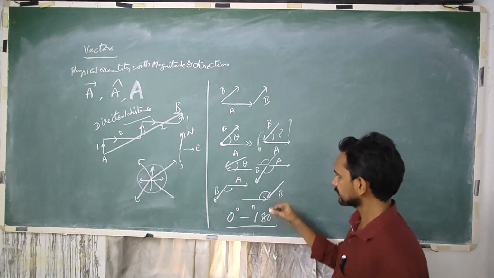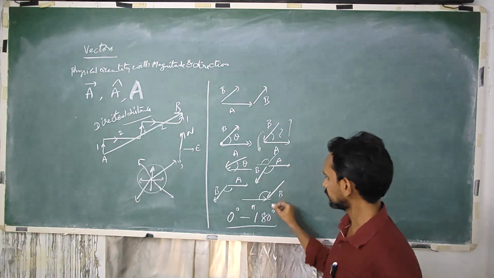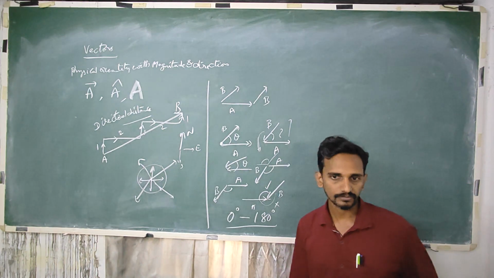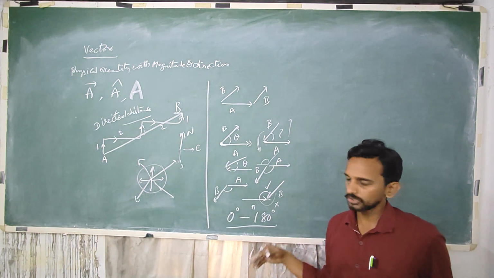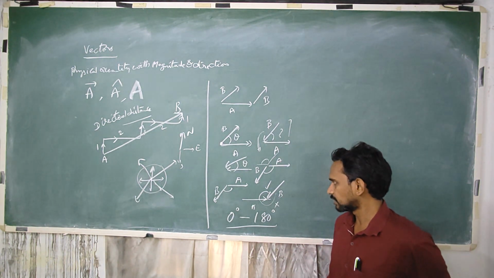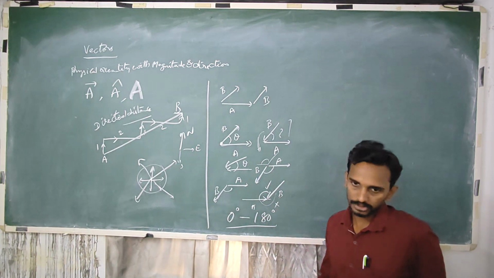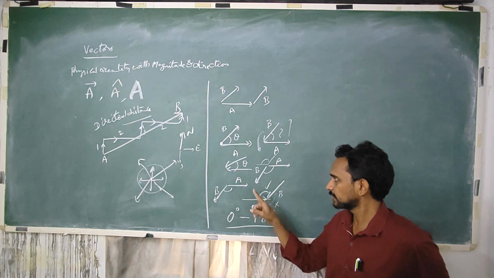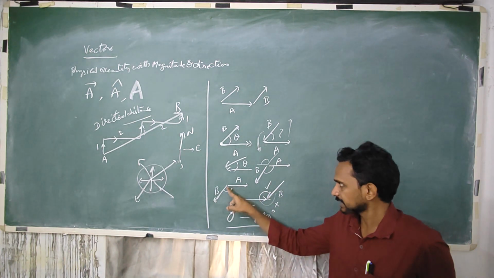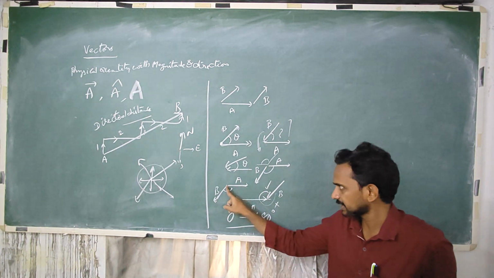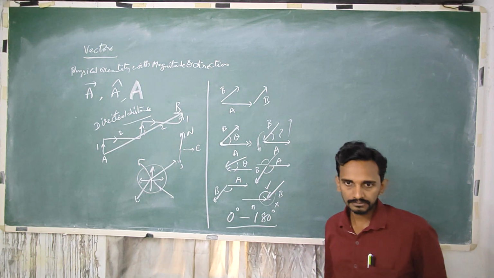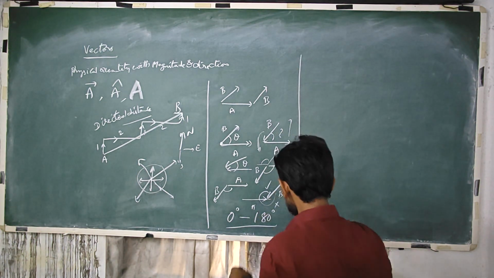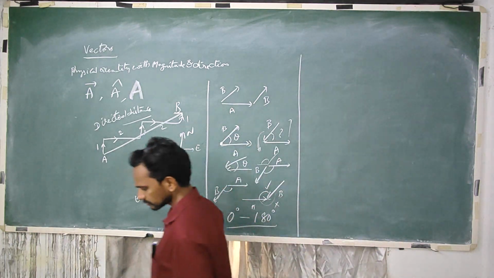If it is more than 180 degrees, you have to take the other side. I mean, let's say this is not the one, you have to take this. Whatever smallest value of angle between the two vectors is considered. So that should be measured only after you shift the vectors and get a converging pair or a diverging pair. So that's about angle between two vectors.